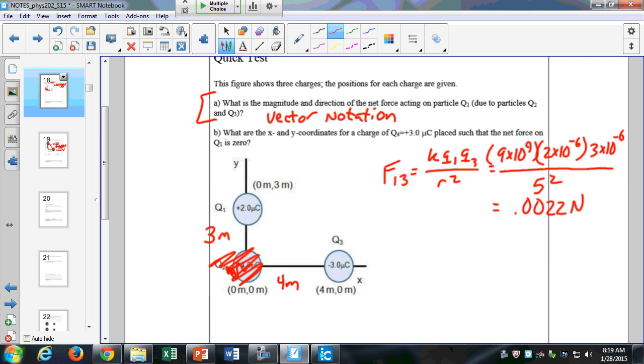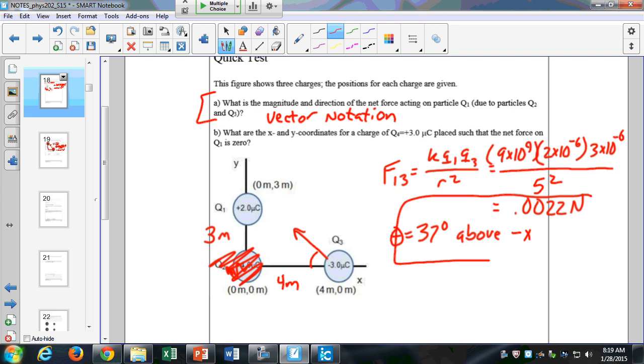But there is a force on this Q3, and I want to know what is this angle right here. It does matter to find the magnitude and direction. Right, that's 30. That's that special triangle. Right, so that theta is 37 degrees above the negative x-axis. Right, so that's my first answer.